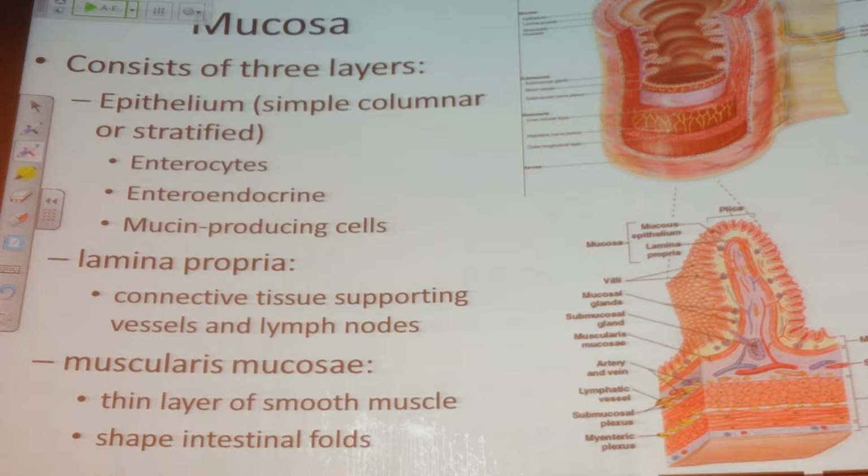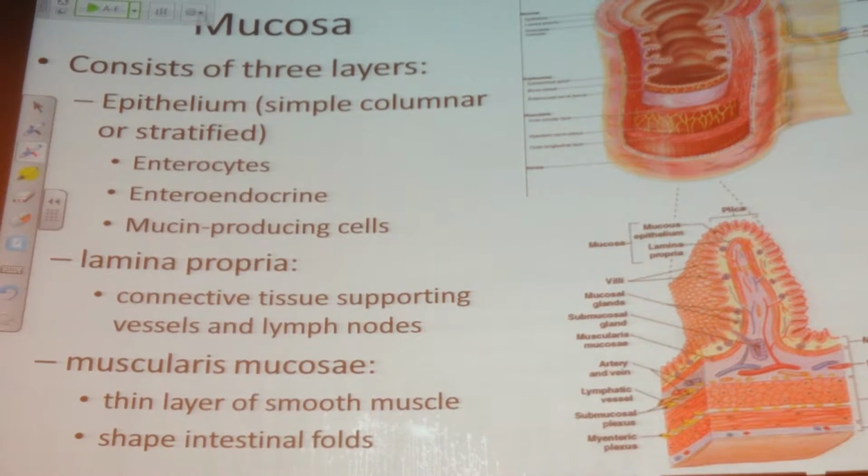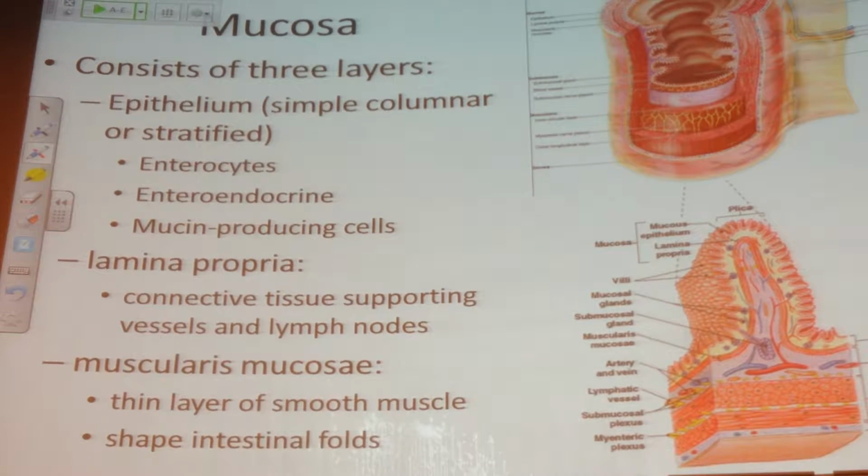Okay, so those are our epithelium cells. The epithelium cells could be simple columnar epithelium, which covers most of the GI tract. Or they could be stratified if, say, you're in the esophagus, which constantly has stretch and friction, so you need it to be stronger. So those are found in the esophagus.